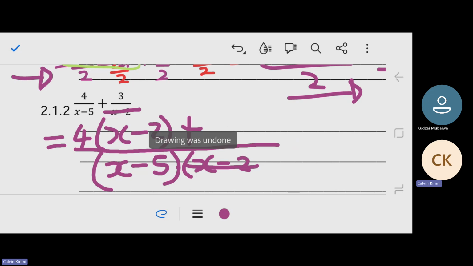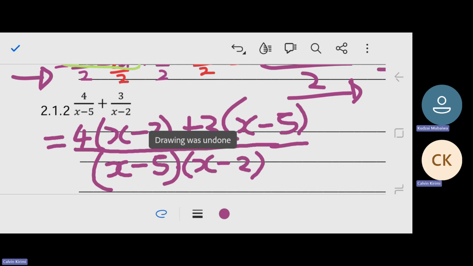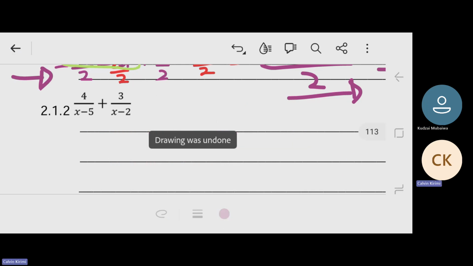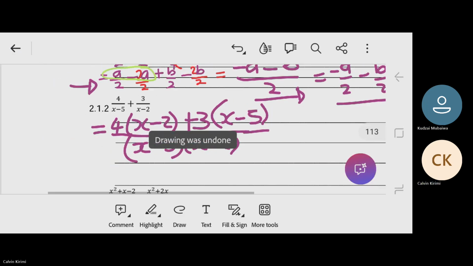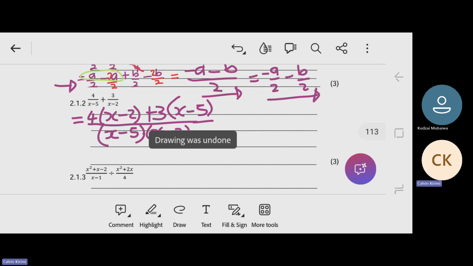So you'll be left with plus x minus 3 already there, bracket x minus 5. Then we simplify by expanding. This is how we treat fractions.